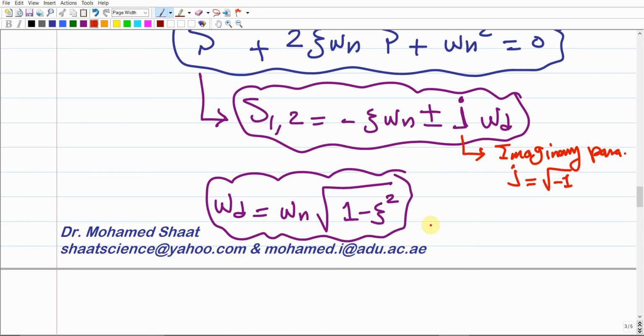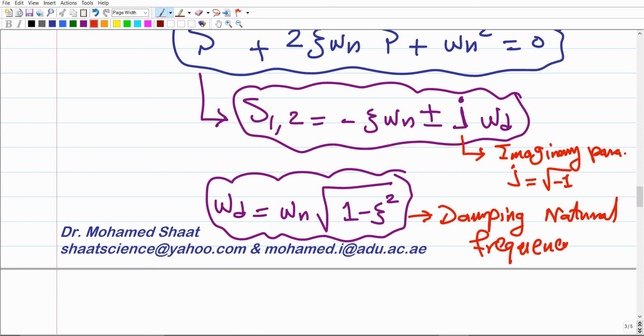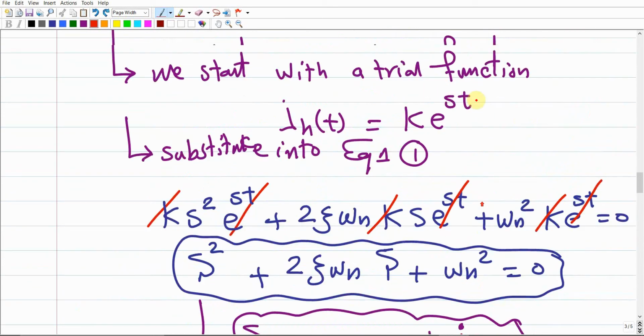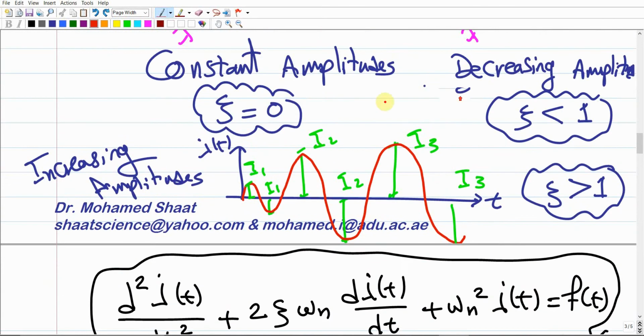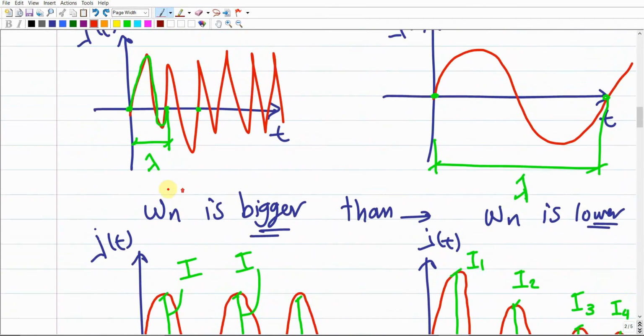This omega d is commonly known as the damped natural frequency of the system, the natural frequency of the electrical circuit. We discussed the natural frequency before, which is this omega n. That's why n stands for natural frequency.